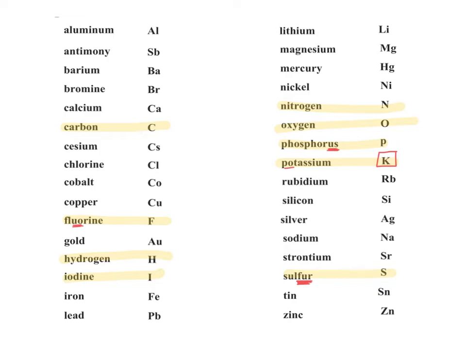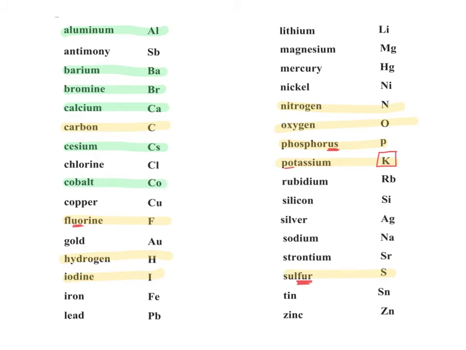Now, we're going to look at the ones that sort of make sense. It's the first letter, as we expect from the name, and then it's the second letter or third letter of the name, and they make some kind of sense. A lot of people get these ones right. So we have aluminum, barium, bromine, calcium, cesium. Again, it's the third letter, so that one makes some sense.